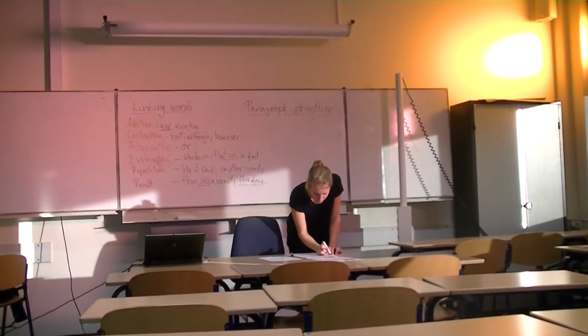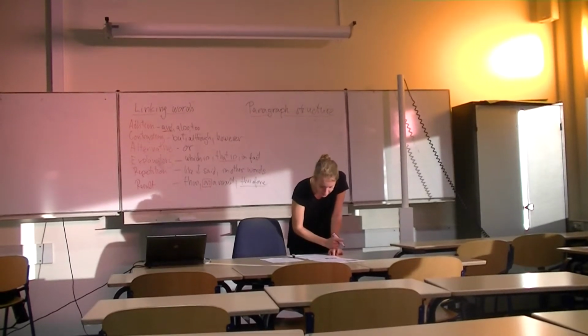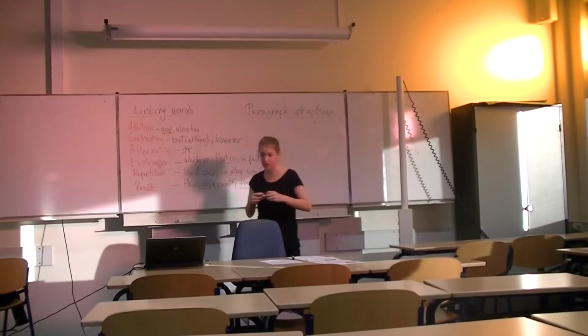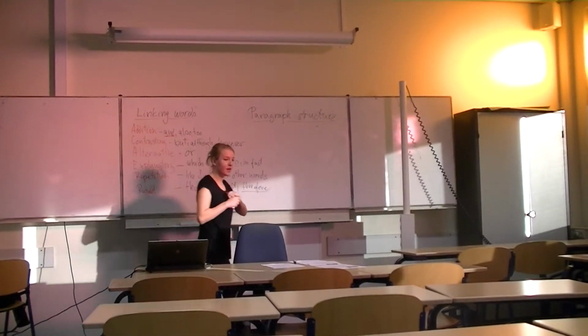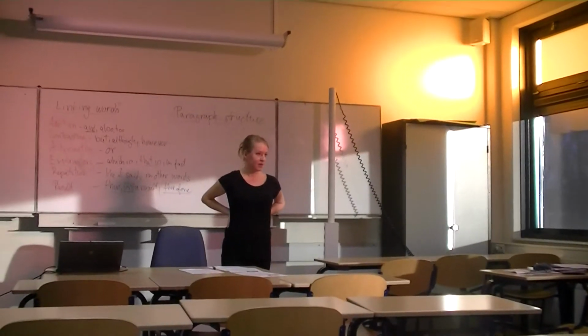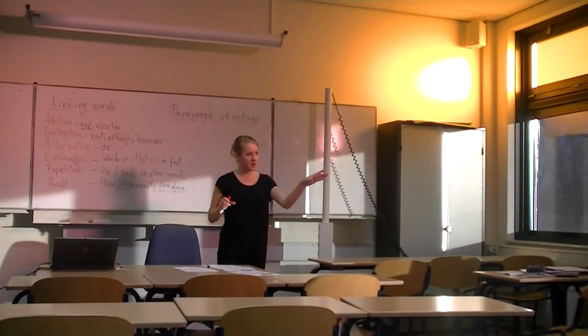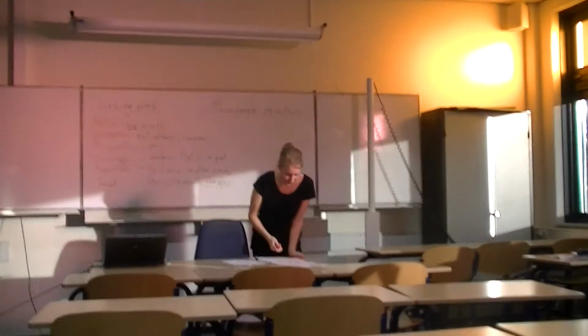The first linking word would be in the name of the movie, which is on the third line. Fantastic Beasts and Where to Find Them. Could anyone explain to the rest of the class which two things this and connects? Yes, it connects the beasts and the rest of the name of the movie, which is Where to Find Them.